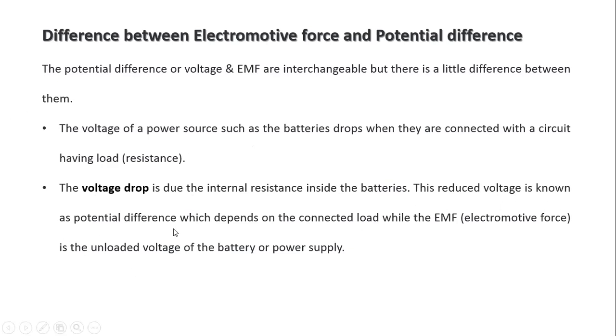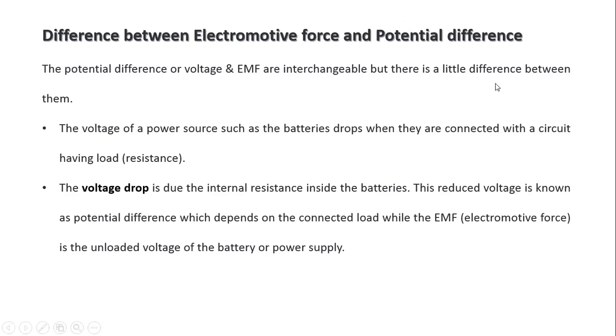The reduction in voltage at any point, at any level, or at any element, how much the voltage is being consumed by that element or load, will be known as your voltage drop, and it depends on the connected load, while the EMF is the unloaded voltage of the battery or power supply.